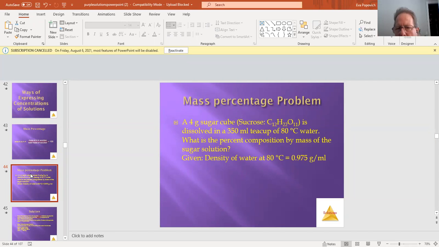You don't know that you have 100 grams of solution. You have milliliters and you have density. Do you have a way of getting grams of your water? You can convert 350. Let me see. I could just do it right here.